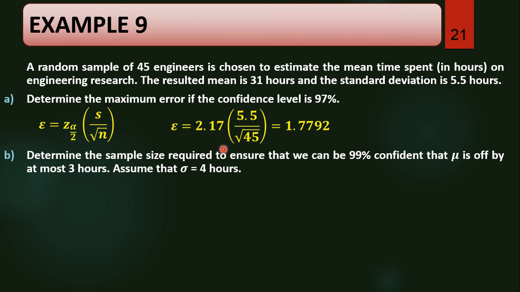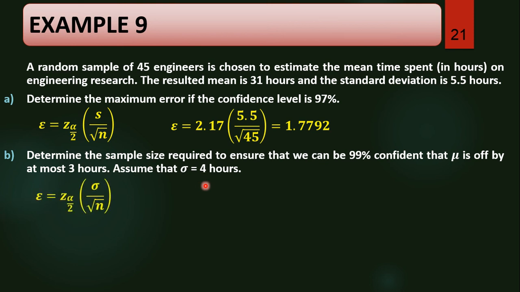But if we want to find the sample size, when we are 99% confident that mu is off by at most 3 hours, meaning 3 hours will be our maximum error, assuming that the standard deviation for the population is 4 hours.